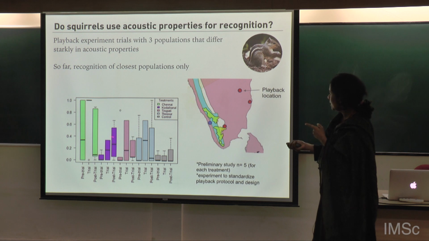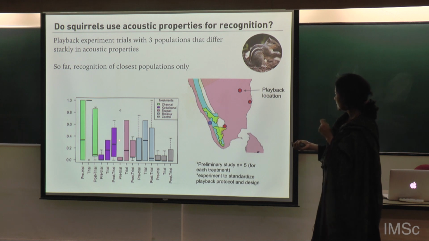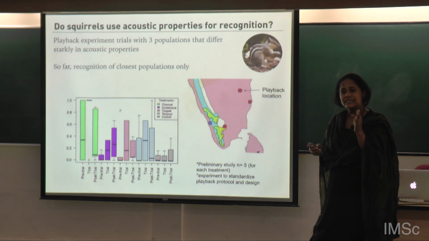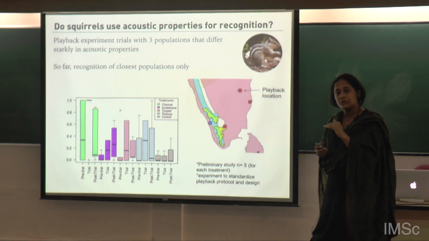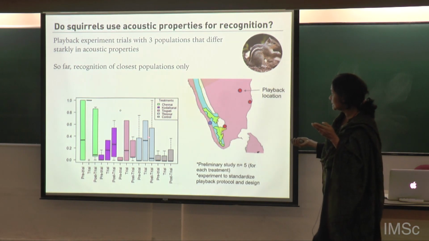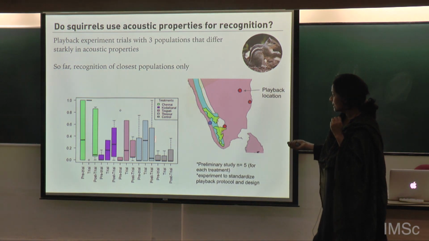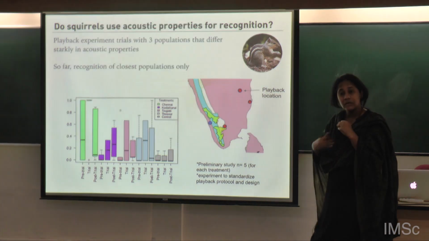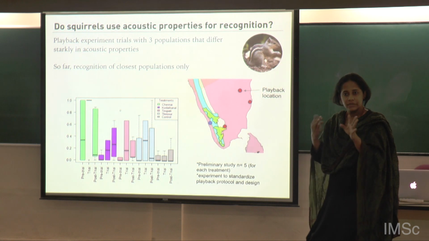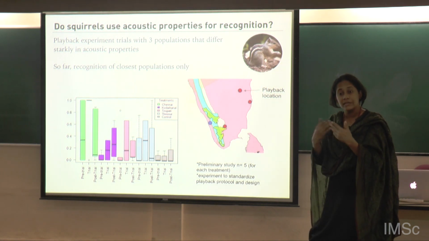Actually, they did, and I'm not sure why this graph doesn't seem to show it clearly. But the summary is that they did respond most to Tirupati individuals, but they seem to show agonistic interactions to another species. So they did not respond in an affiliative manner.